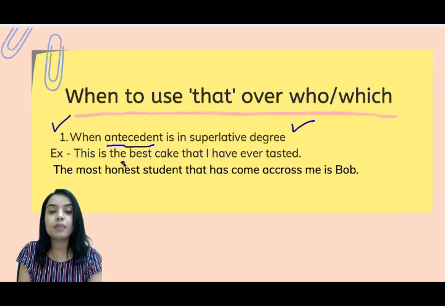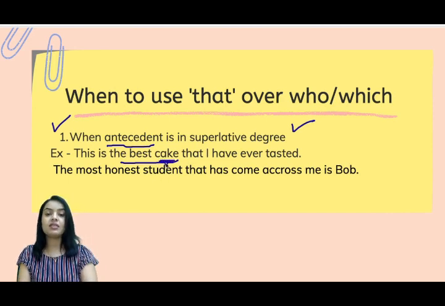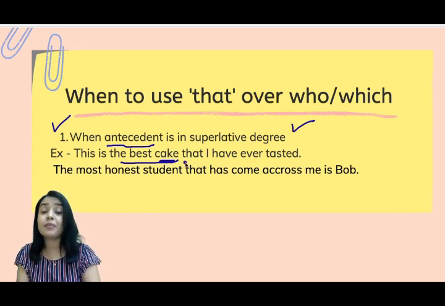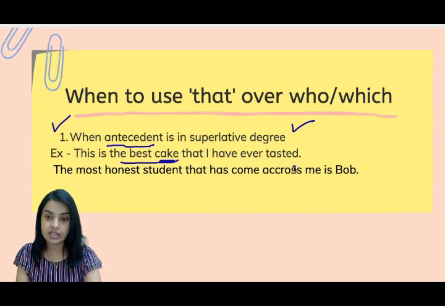This is the best cake that I have ever tasted. Before that I have my antecedent cake, not just cake but the best cake I have ever tasted. So this one takes that. I cannot say this is the best cake which I have ever tasted. In this case I cannot use which because you see the superlative degree.